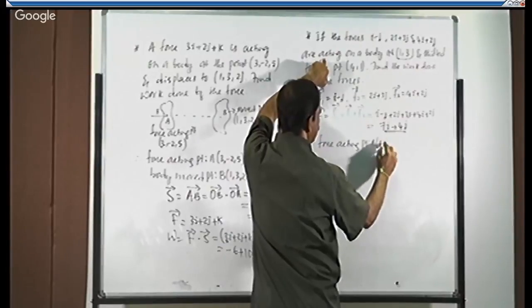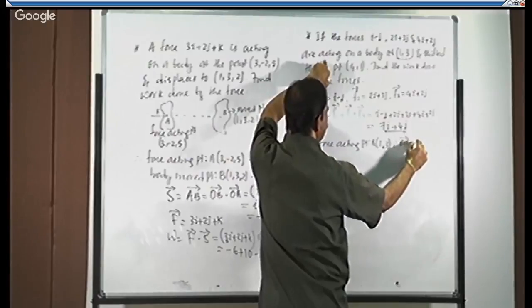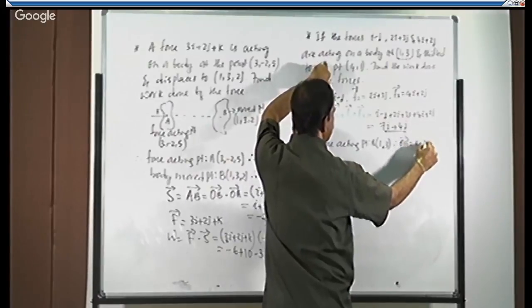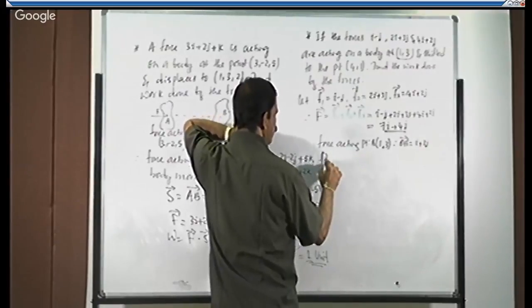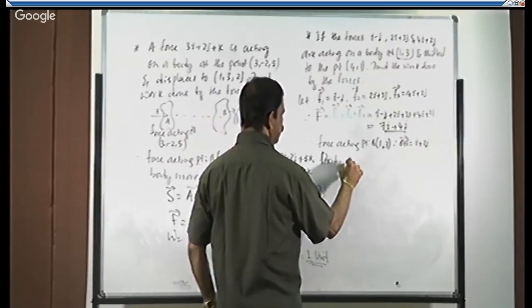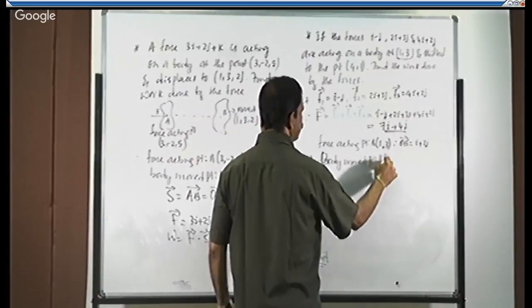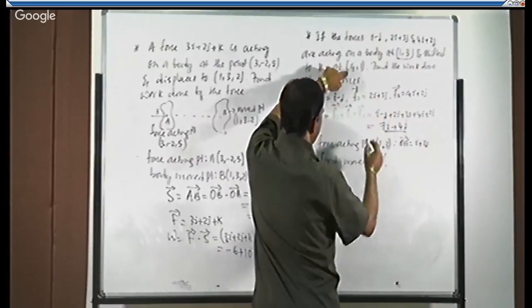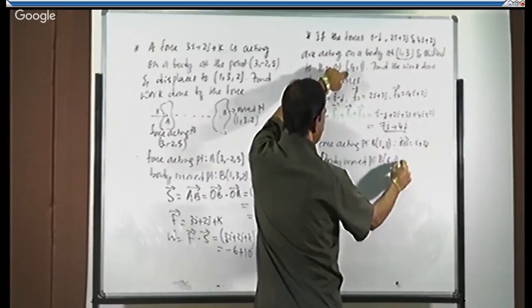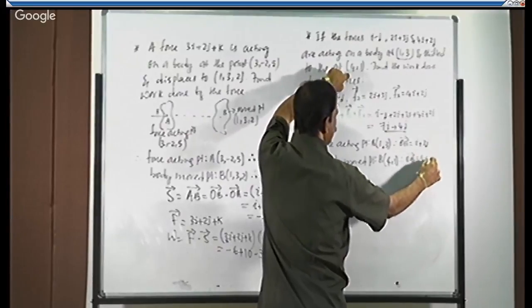Therefore their position vector OA is equal to i plus 3j. Then the body moved point, which is B. Shifted to the end point, which is (4, 1). Therefore OB is equal to 4i plus j.